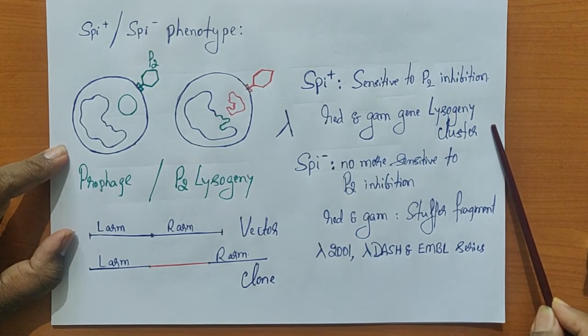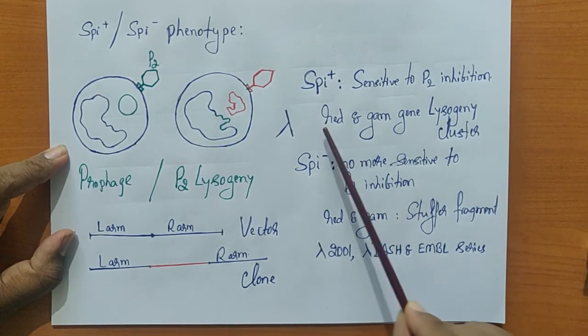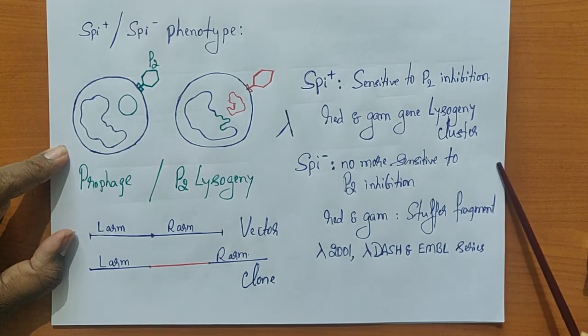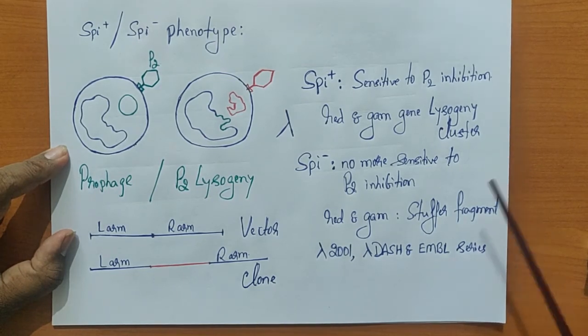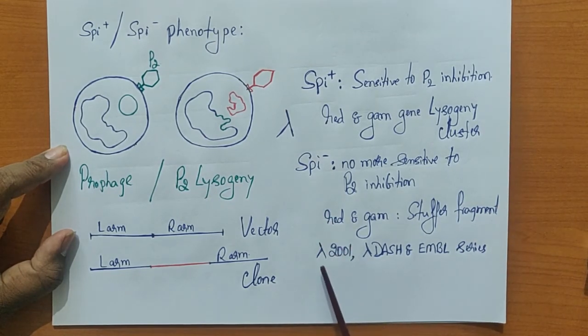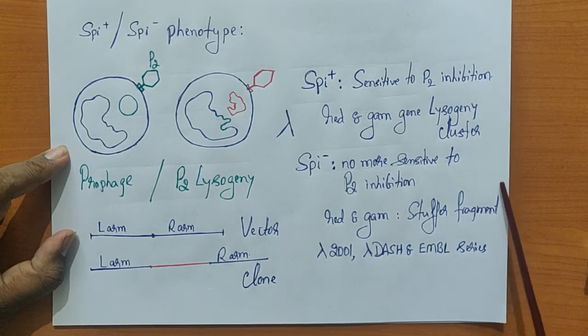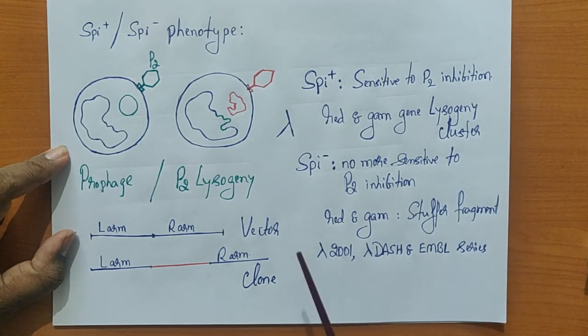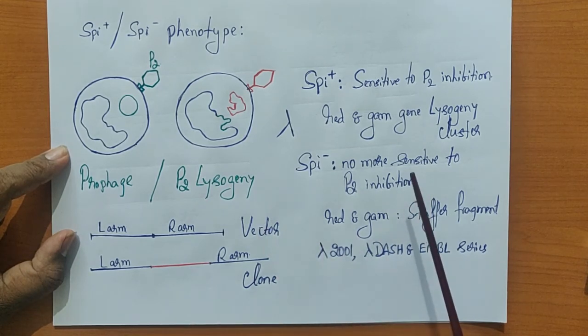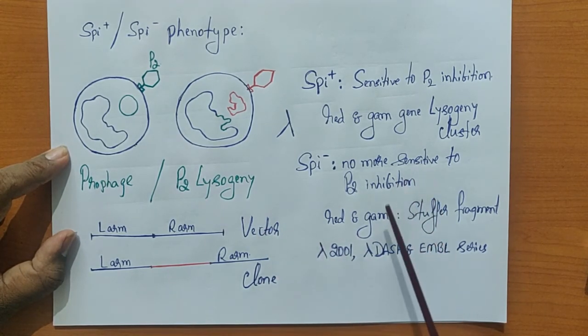So using this RED and GAM gene, they have created another type of vectors. Those vectors are called lambda 2001, lambda dash and the EMBL series. They have taken the left arm and the right arm of the vector. We know that we also have a stuffer fragment in the replacement vectors.